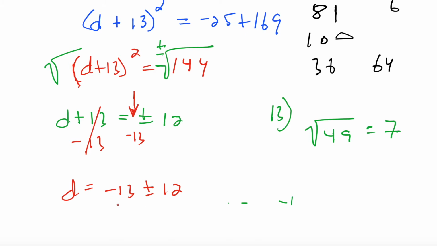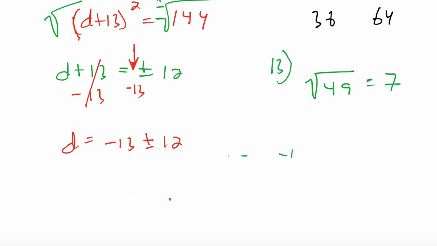At this point, you're kind of at a quadratic formula answer. The quadratic formula gives you answers with the plus or minus in it, right? So d equals negative 13 plus 12 and negative 13 minus 12.